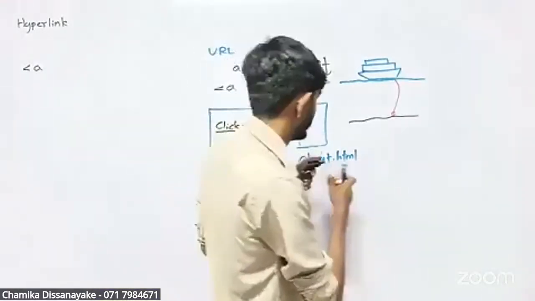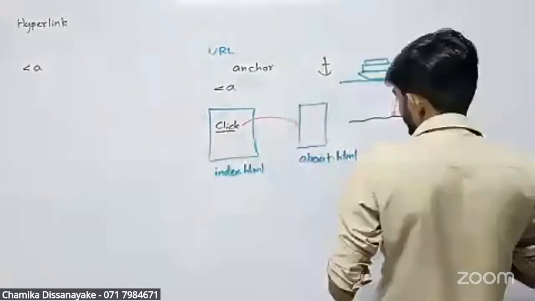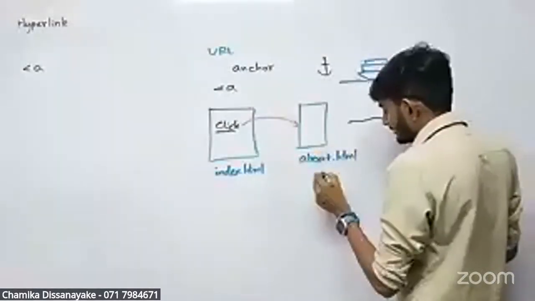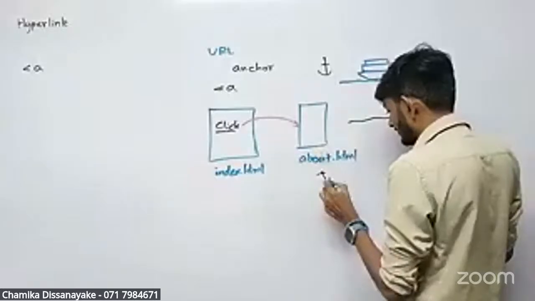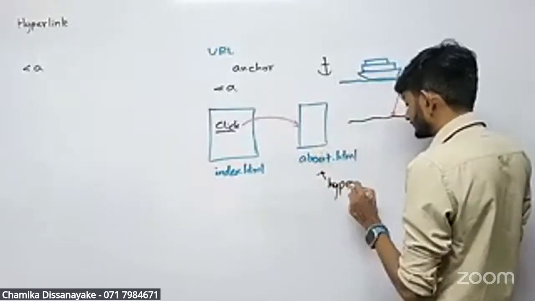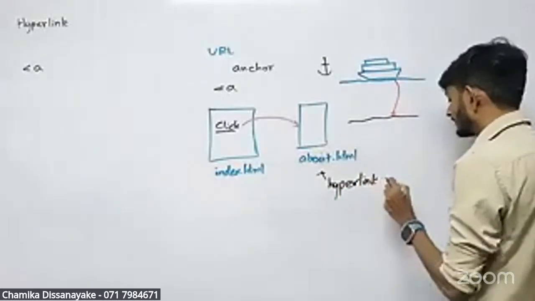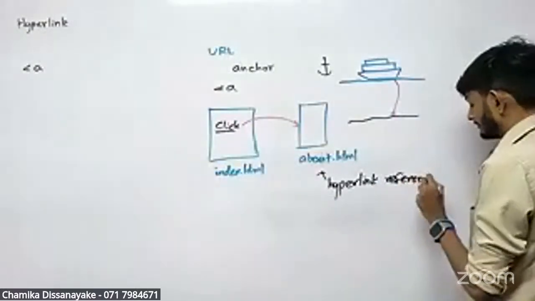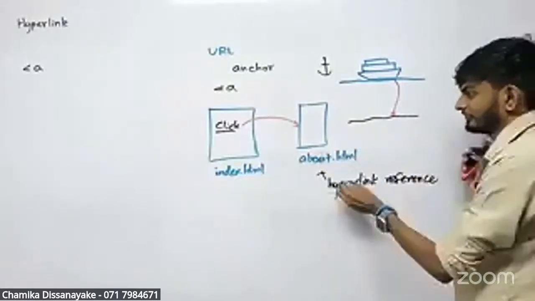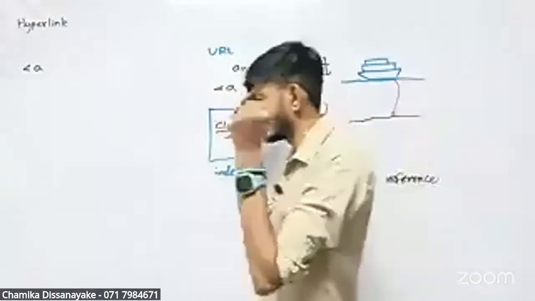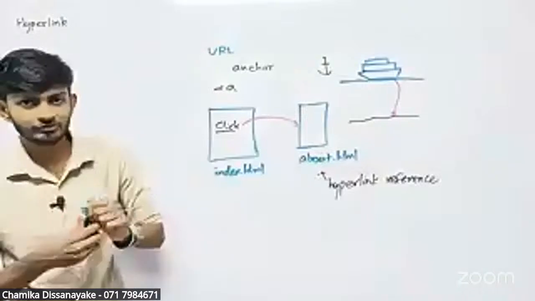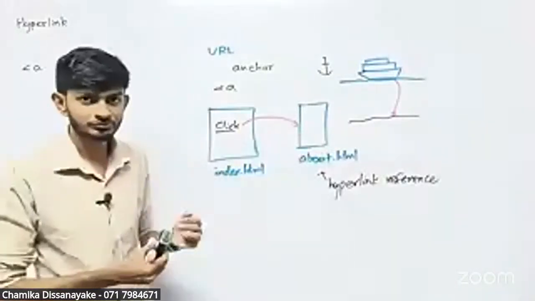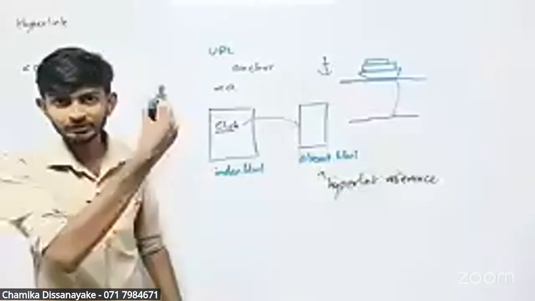We can call this hyperlink reference. We are going to put the anchor tag, and then we have to put the reference. Where do I need to go? That is the other web page.